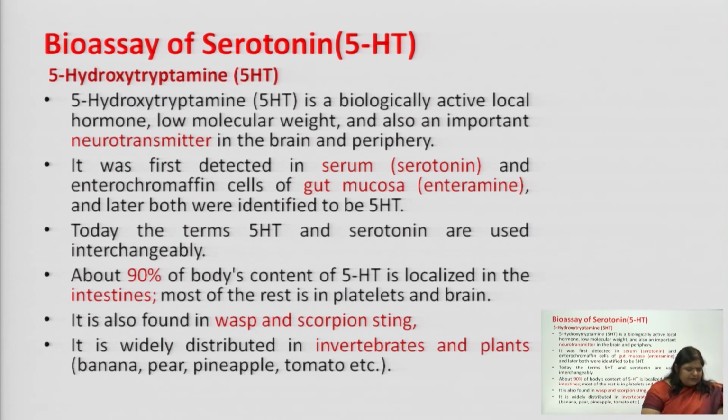Now, around 90% of the content of 5-hydroxytryptamine is localized in the intestine, and some of it is also found in the platelets, and in the brain. Then in certain stings, wasp sting, scorpion sting, 5-hydroxytryptamine is also present.